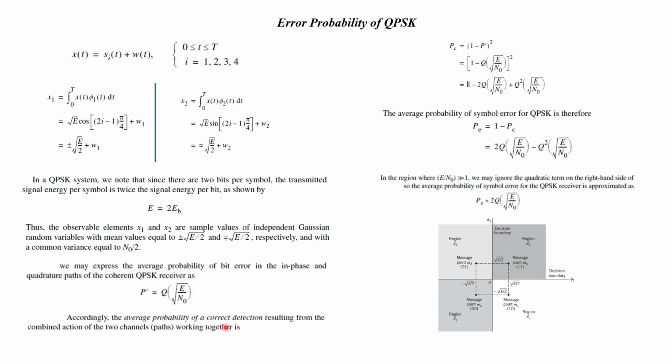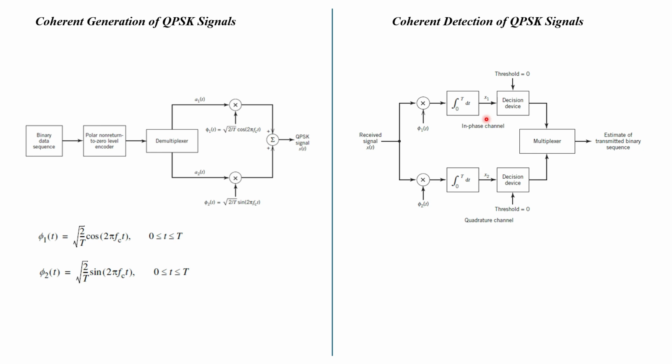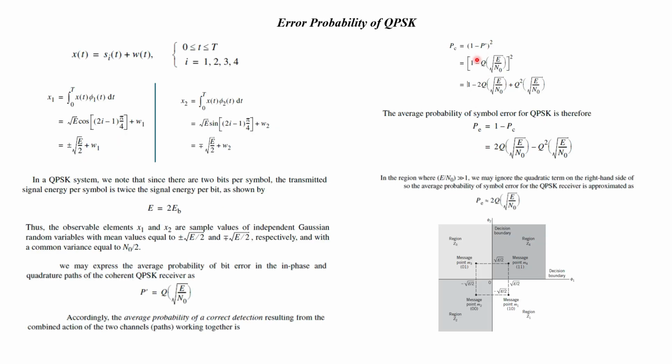What is the average probability of correct detection, because we have two channels working together here? It is given by the probability of correct detection, Pc, equal to 1 minus p dash, whole squared. Substitute what p dash is here and expand using (a minus b) whole squared. Therefore, the average probability of symbol error of QPSK is equal to 1 minus the average probability of correct detection.